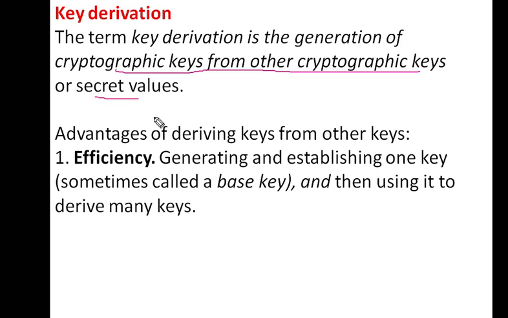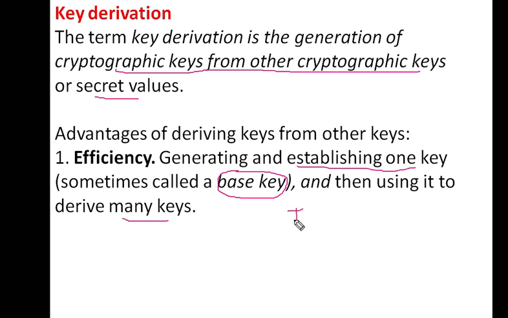An advantage of deriving keys from other keys is efficiency. In this approach, you generate and establish one key, sometimes called a base key, and then use it to derive many keys. For example, take an IP address.